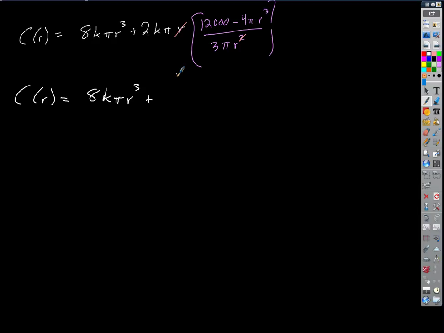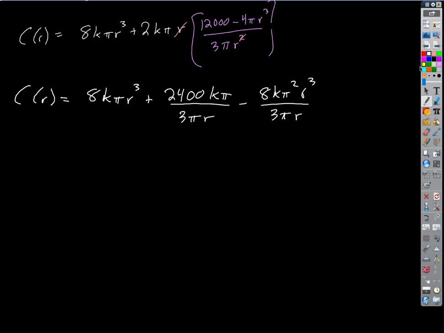Plus 24,000 k pi divided by 3 pi r minus, what do we get here? 8k pi squared r cubed over 3 pi r.